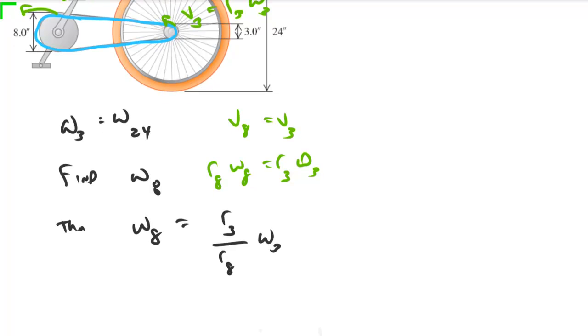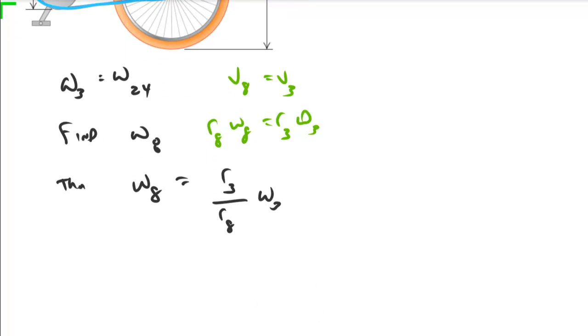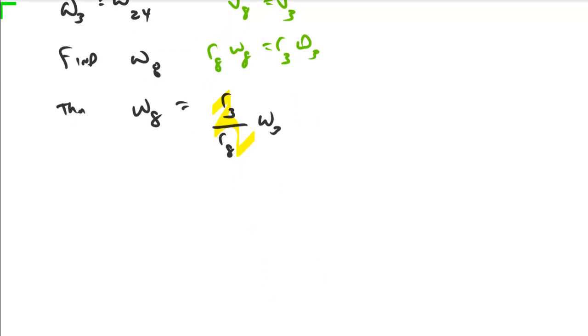And actually, since I am just getting a ratio of their radii, that would be the same as the ratio of their diameters, right? And so I could say here the angular speed of the 8-inch would be the diameter of the 3-inch divided by the diameter of the 8-inch times the angular speed of the 3-inch, right? So it's just a ratio.